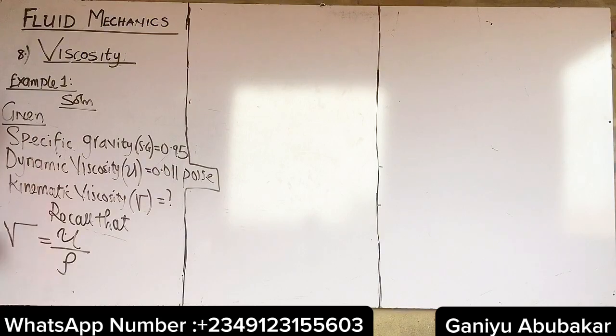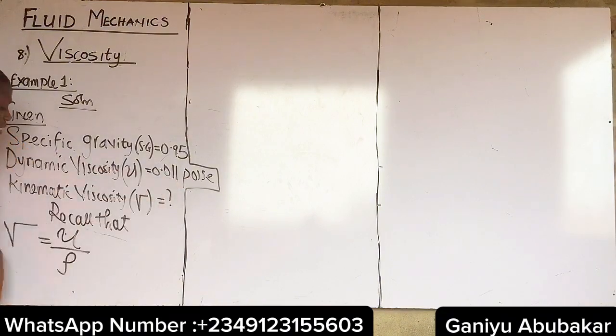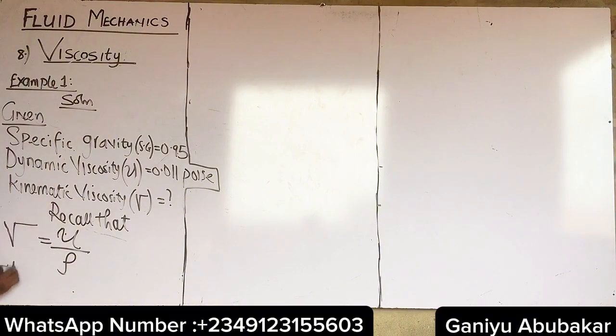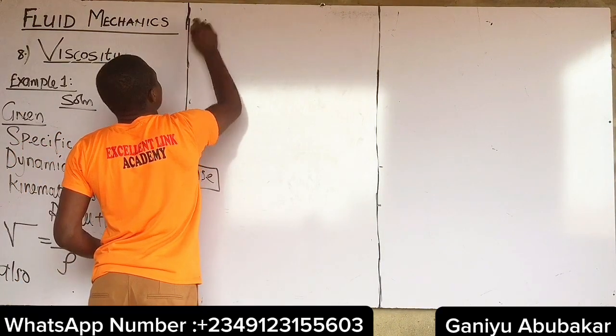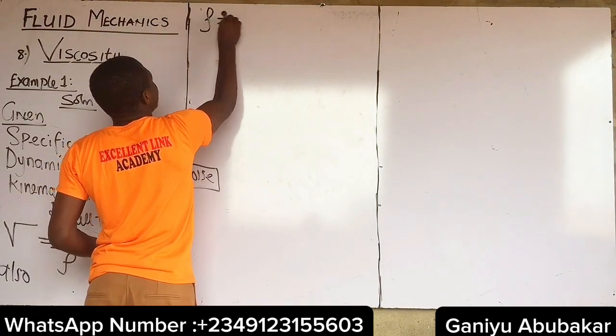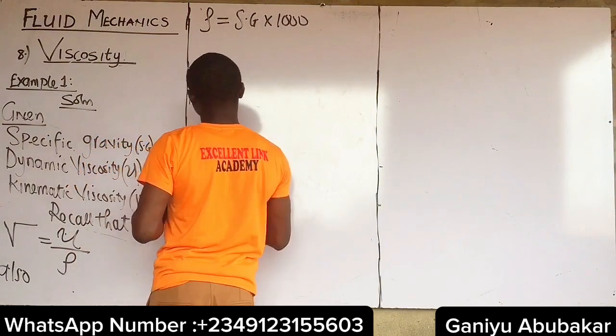Check from here. Am I given dynamic viscosity? Of course, yes. This is here 0.011 poise. Next up, am I given density? No, I don't know density. So my task is to get mass density. Recall that mass density is equal to specific gravity times 1000.